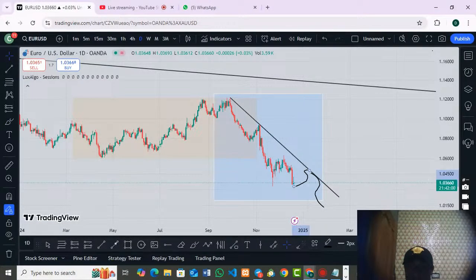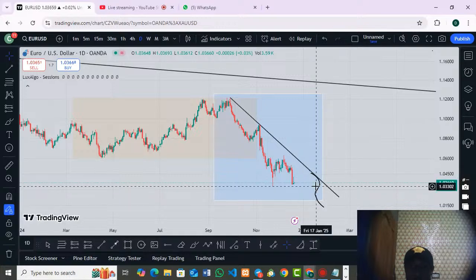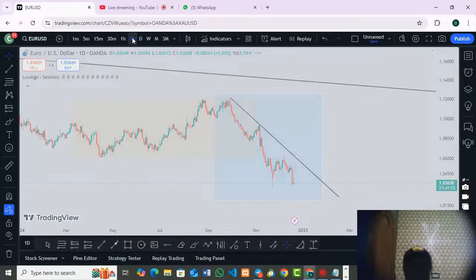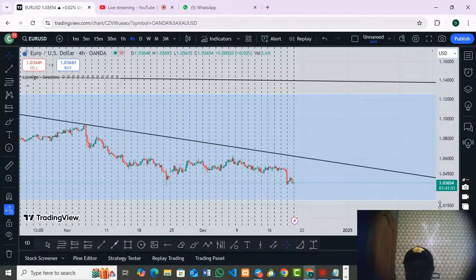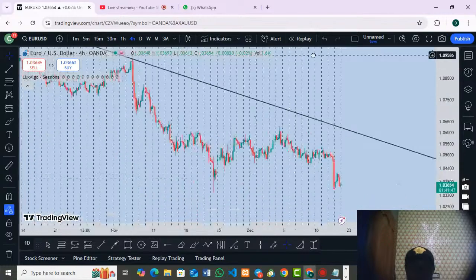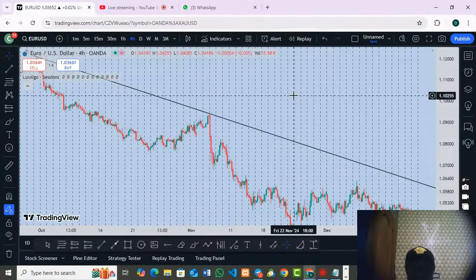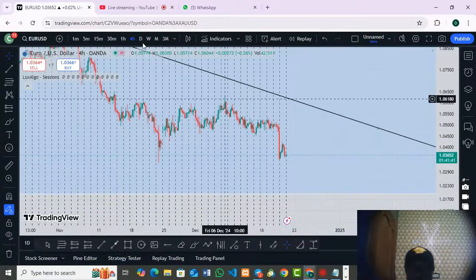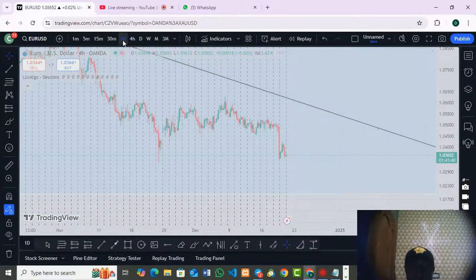But to me, what I'm looking for right now, when you draw the trend line, we must look out for a change of character. So let's go down to the 4 hour time frame. When we scale down to the 4 hour time frame, we have the 4 hour down market trend line over here. Then let's go down to the 1 hour time frame.